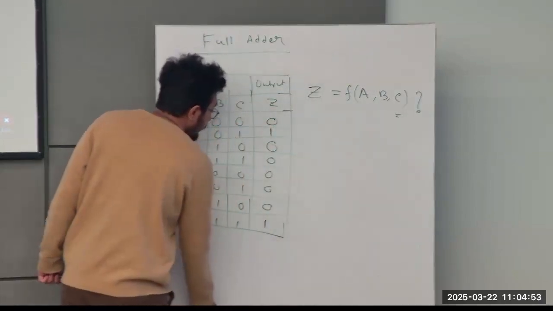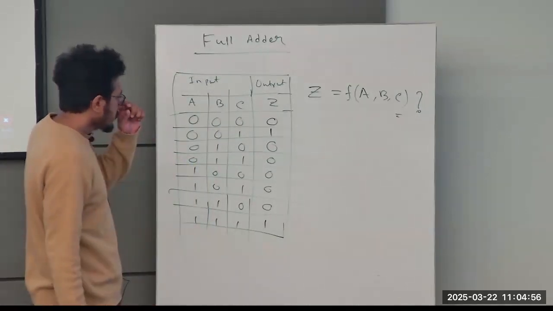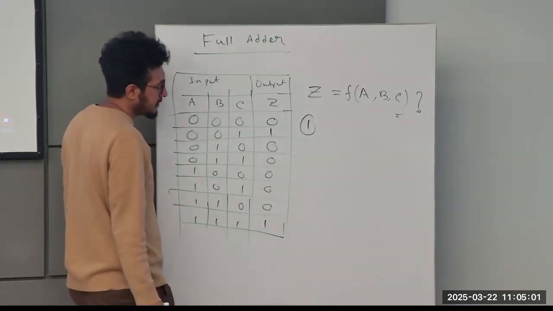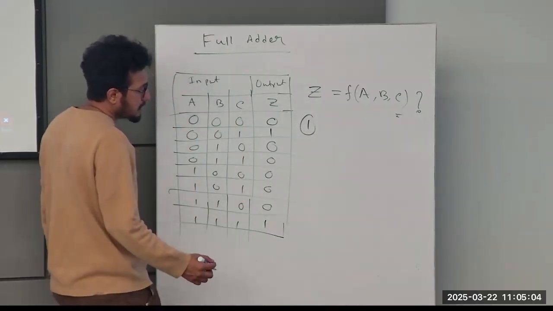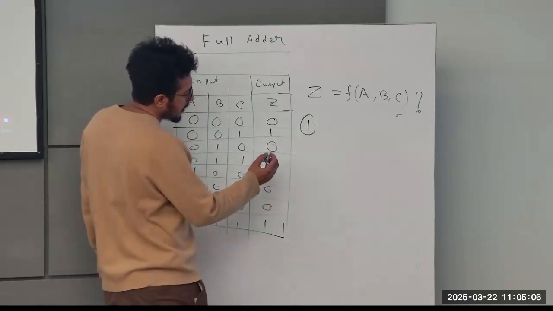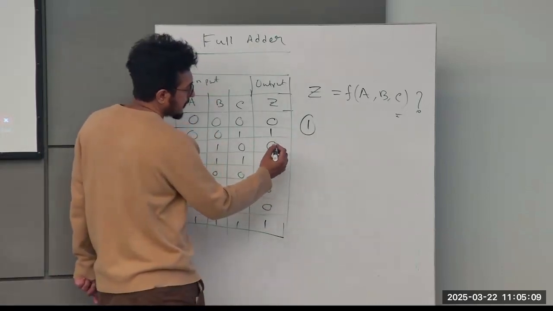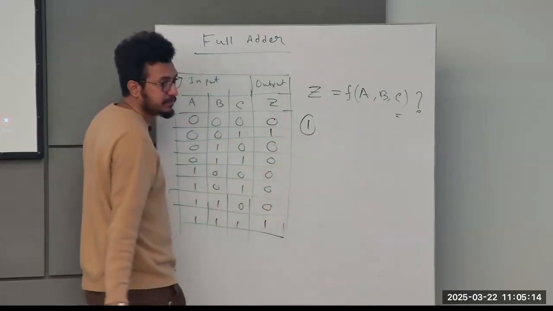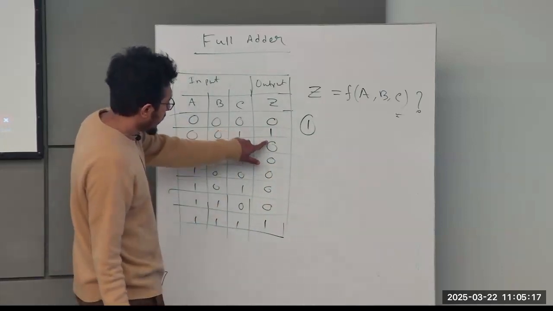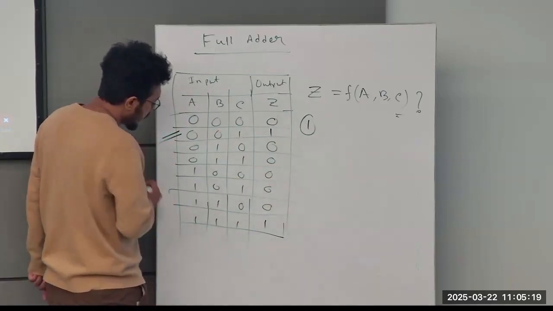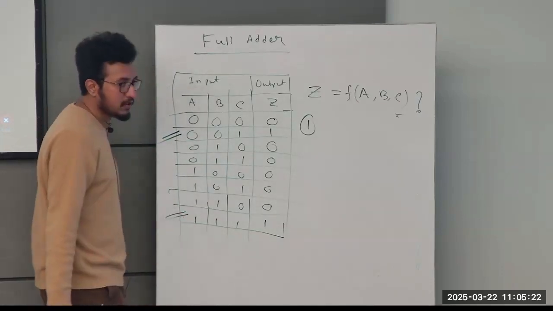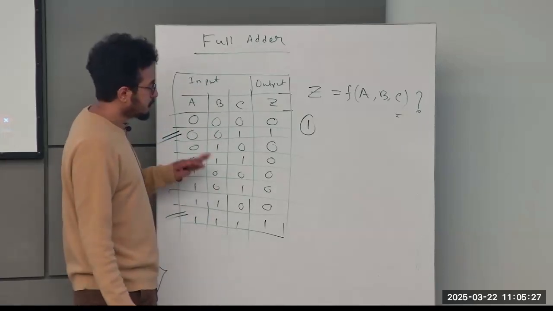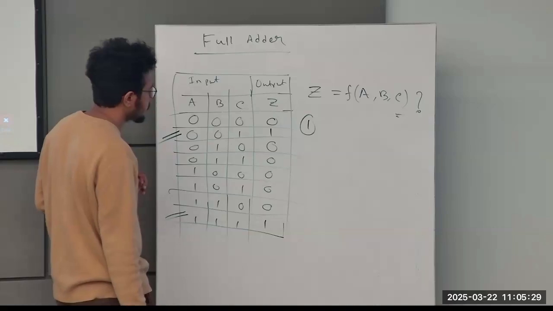It is different. But how can we get it? The first step is to mark the rows that give you 1 at the output. We have 1 here and 1 here. Mark those first. You only need to focus on these two. You don't have to focus on the other rows.